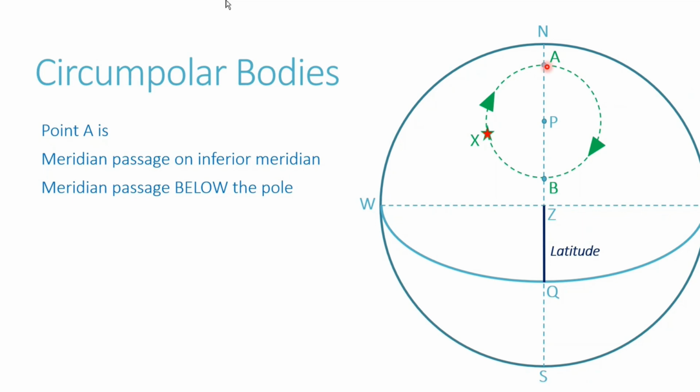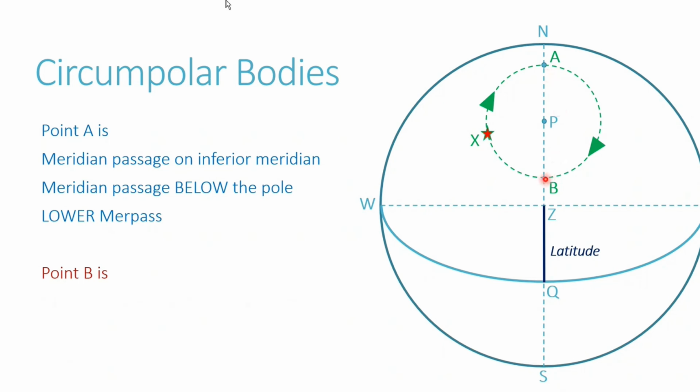And we can clearly see that the altitude of the body is lesser than the altitude of the pole. That is why at this particular instant, at point A, the meridian passage of the body occurs below the pole. For this reason, this is also called lower meridian passage, or lower marpass.